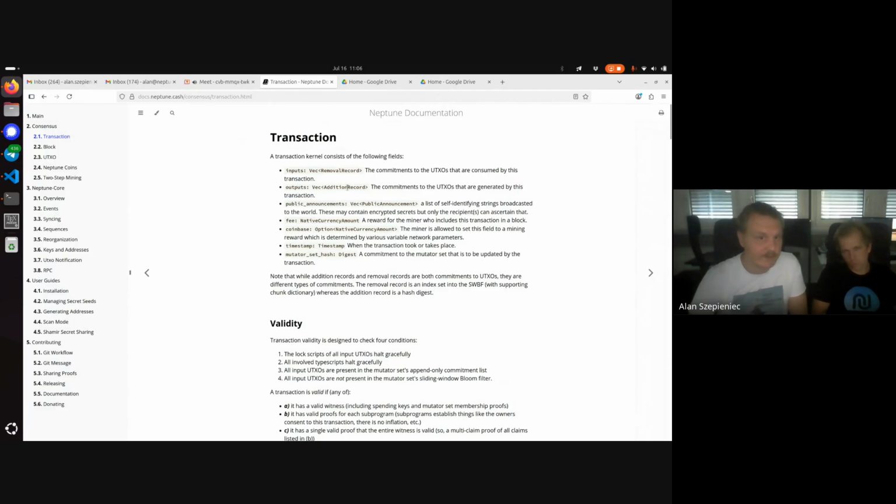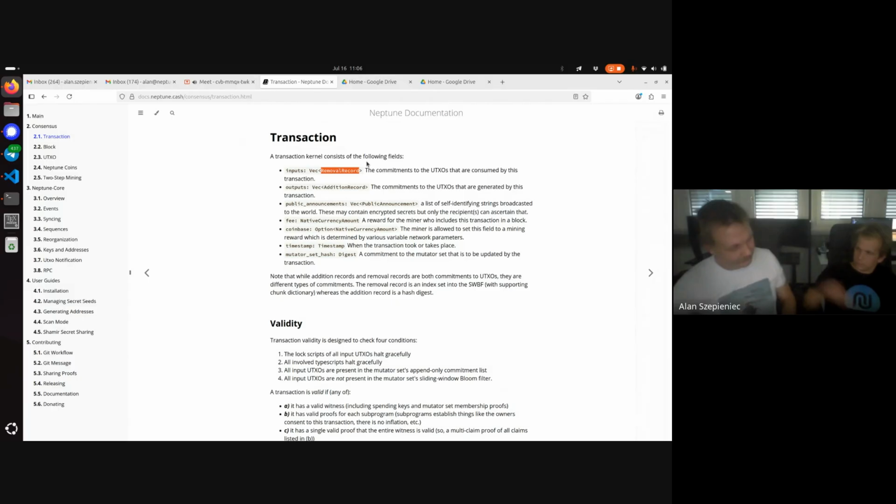The addition record is just a hash, and the removal record is something more complicated that enables detection of double spend attempts, but for all intents and purposes, you can think of it as a hash as well. The point is that when the addition record and the removal record refer to the same UTXO, those two records are unlinkable.